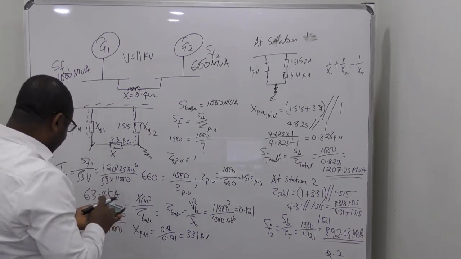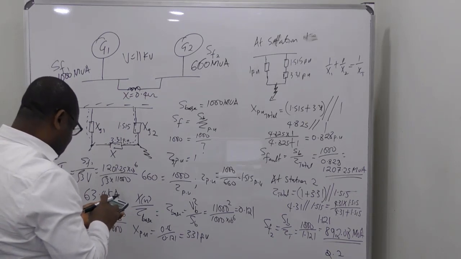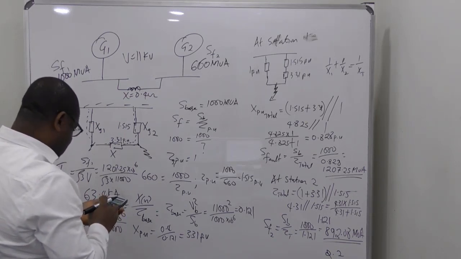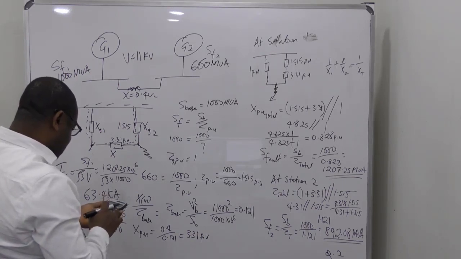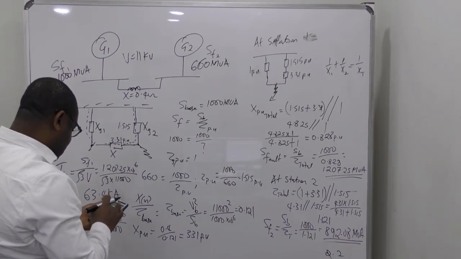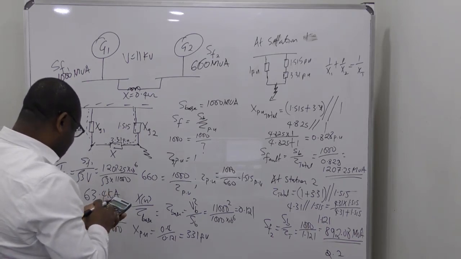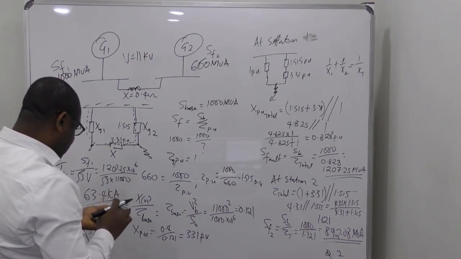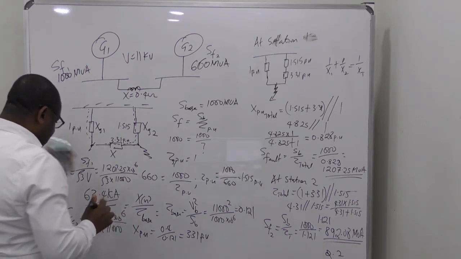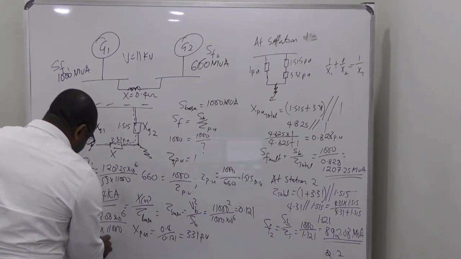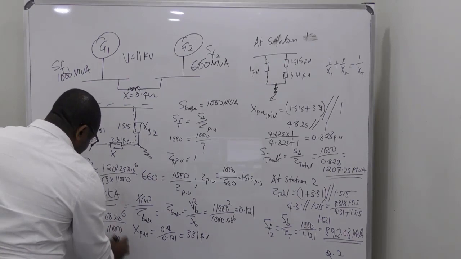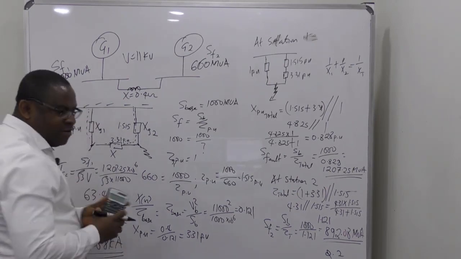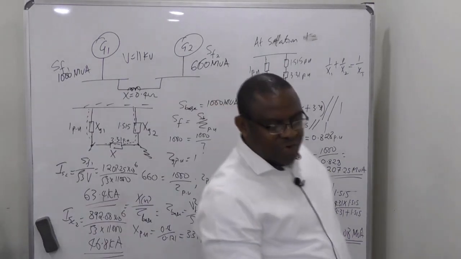So we have 892.08, exponent 6, divide root 3, divide 11,000. Get 46.8 kiloamps, 46.8 kiloamps. So now let's just see why do we need to know these things?